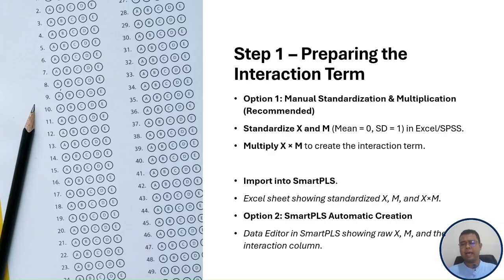We can use Excel and SPSS software. But usually we don't use this manual approach, because the SmartPLS 4 version has a new interaction term option, so we can do it easily using SmartPLS 4.